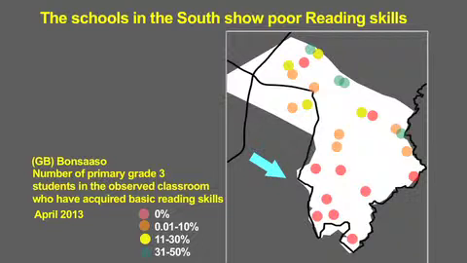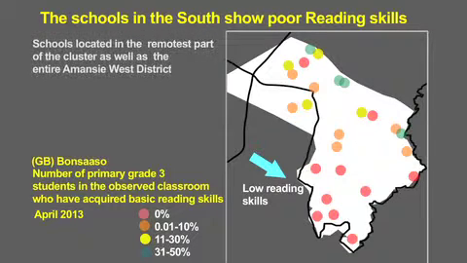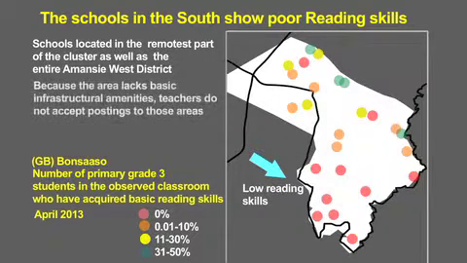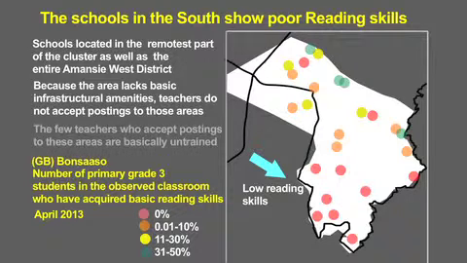And we were surprised why all these schools located in the south part of the cluster have low reading skills. It turns out that these are the most rural, remote part of the West Amansi district in Ghana, and the teachers are not too happy accepting these postings in these rural, remote settings, because it's difficult to reach those schools, and the teachers who do accept the postings are untrained.